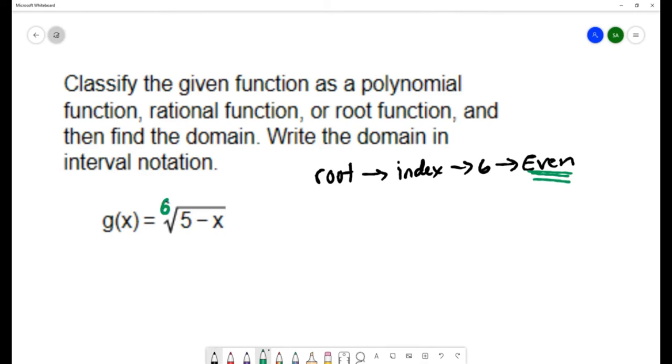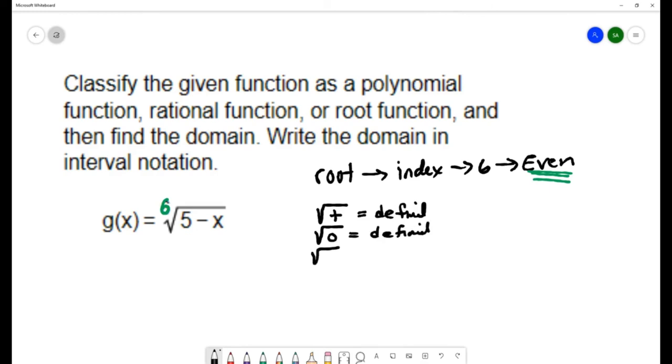So for an even index, the square root of a positive number is going to be defined. The square root of 0 is going to be defined.